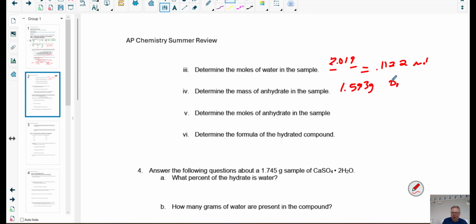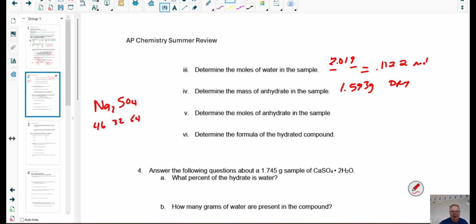That was our dry sample. And now I can figure out the moles of the anhydrate, which is just sodium sulfate. So I know sodium has a mass of 23, so 23 times 2 would be 46. And sulfur is 32, and oxygen 16 times 4 is 64.